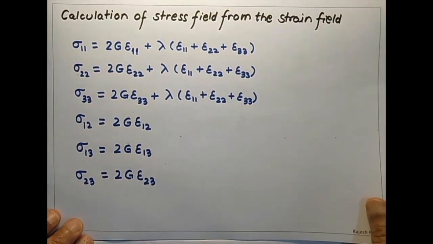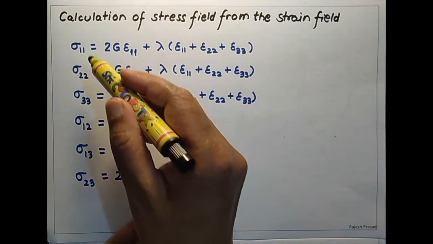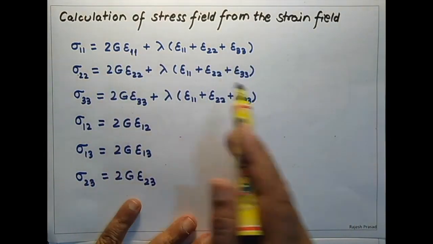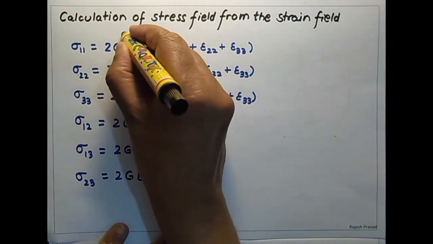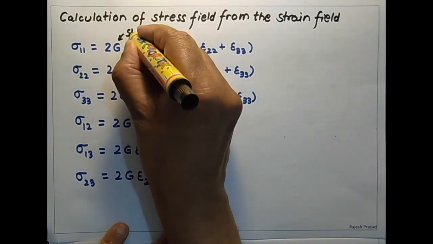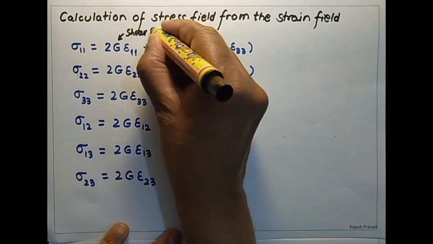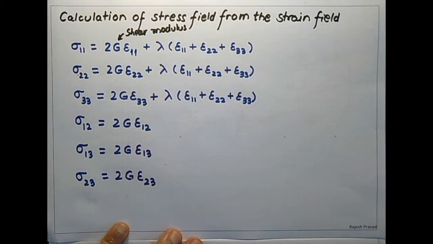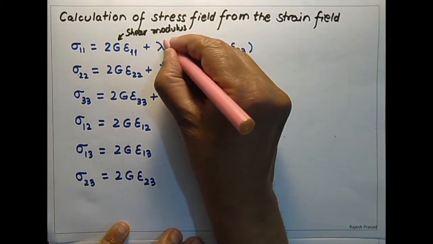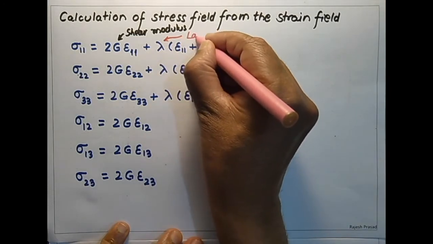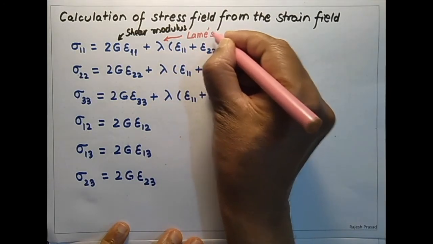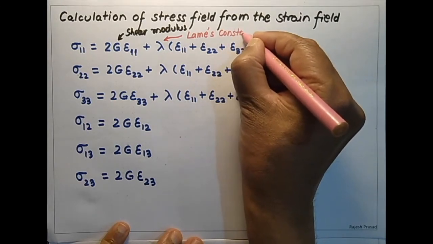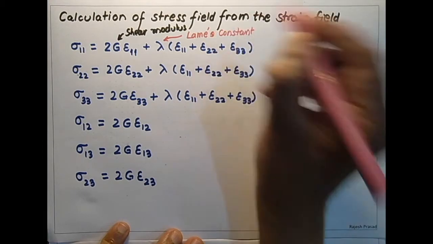have the relationships from elasticity, where all the independent stress components can be written in terms of strain components in terms of the shear modulus G, and there is another modulus lambda called the Lame constant.